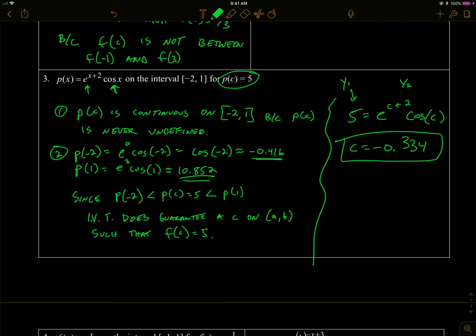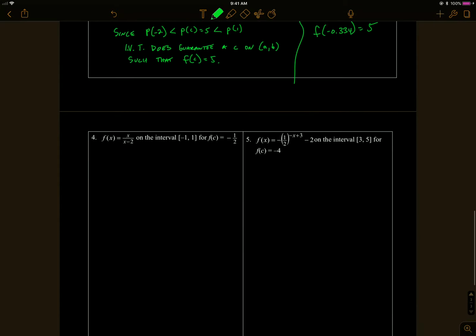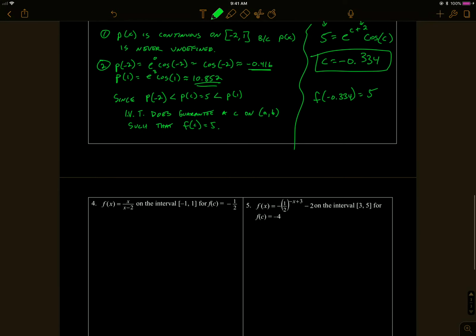You're going to put this into y2, and then you're going to use intersect to find the c. So that would be the c value. So that means that f of that equals 5, because that's what it says, right? That's the x value that has the y value of 5. And we got 2 more to do here.